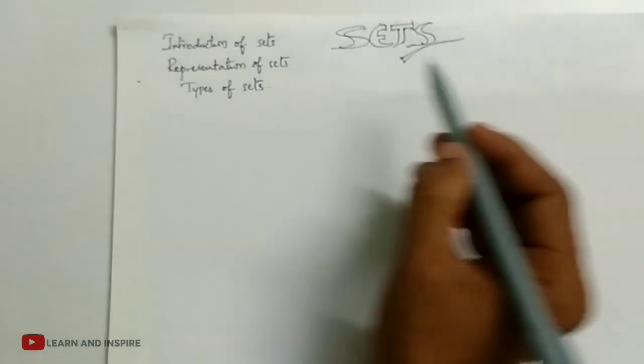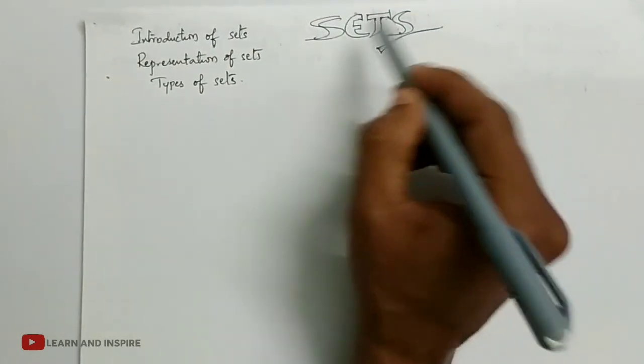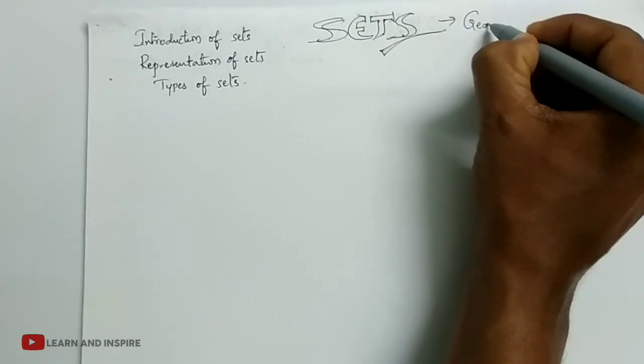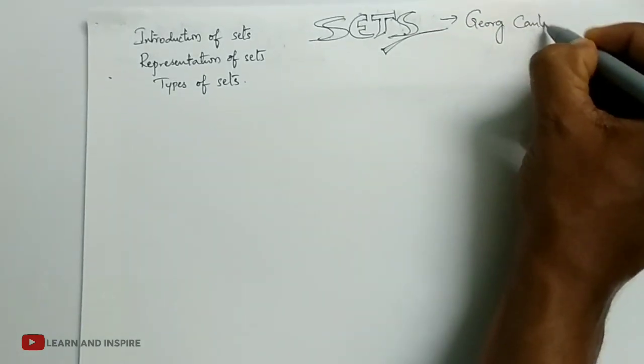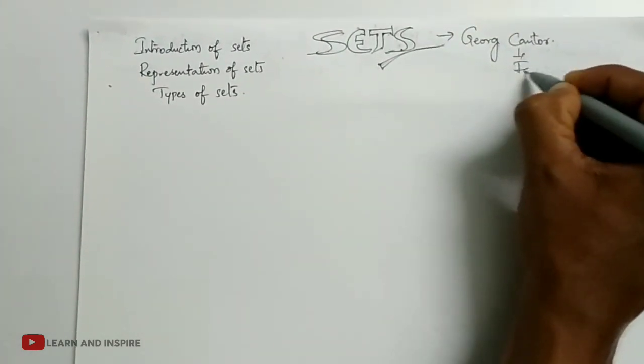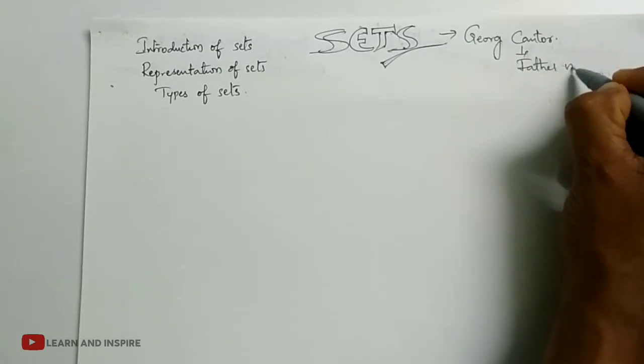Before starting this, the name of this set is proposed by George Cantor, and George Cantor is the father of set theory.